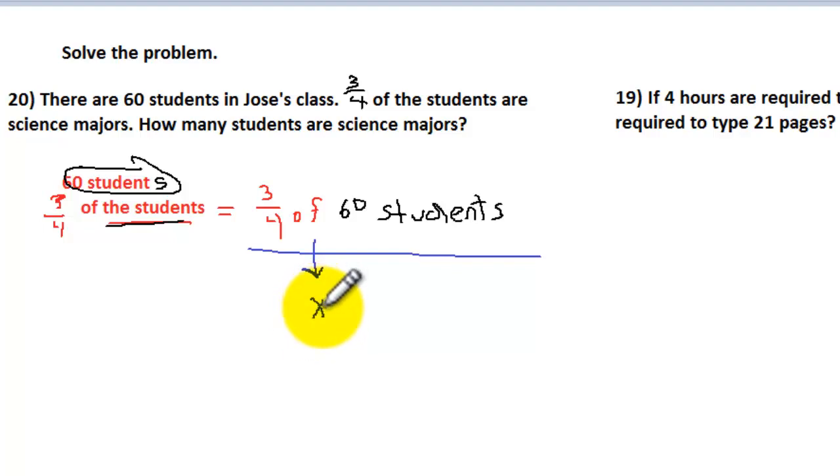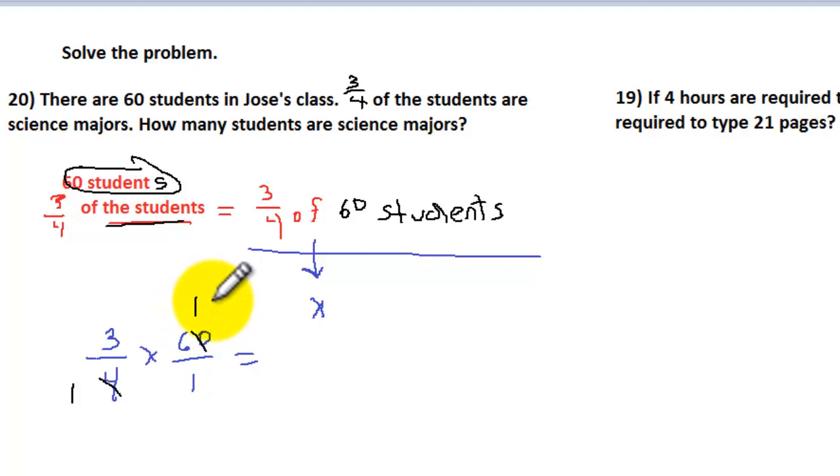So all the math that you're doing is 3/4 times 60. And you can do it out as a fraction problem, times 60 over 1. So if you want to do the cross canceling, 4 into 4 is 1, 4 into 60 is 15, 15 times 3 is 45. So that's 45 students.